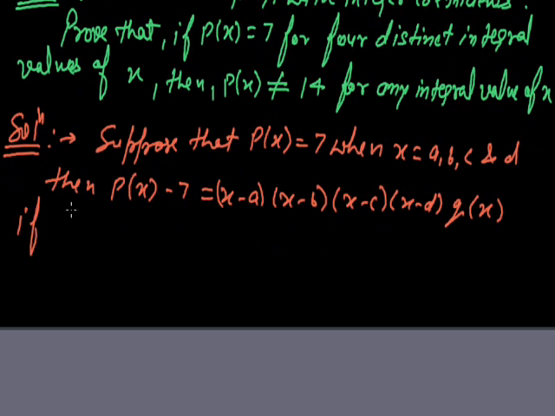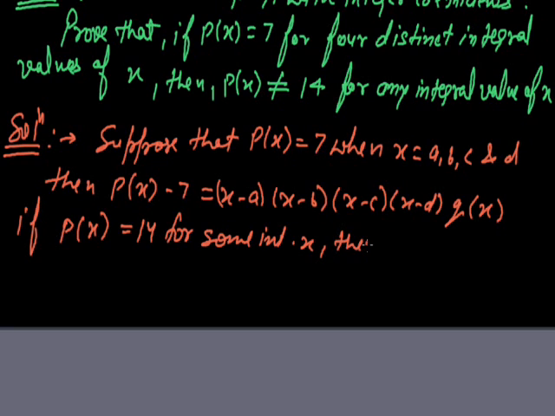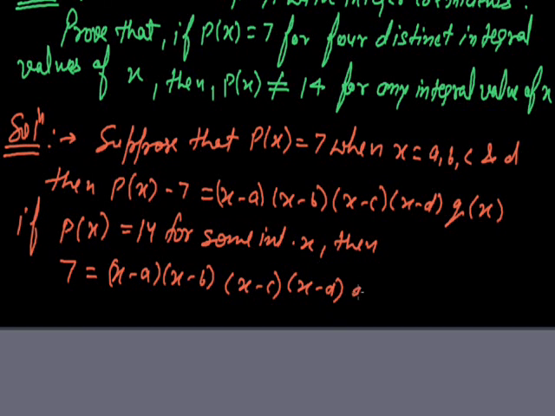Now if p of x is equal to 14 for some integer value x, then 7 is equal to (x minus a)(x minus b)(x minus c)(x minus d) into q of x for that x.